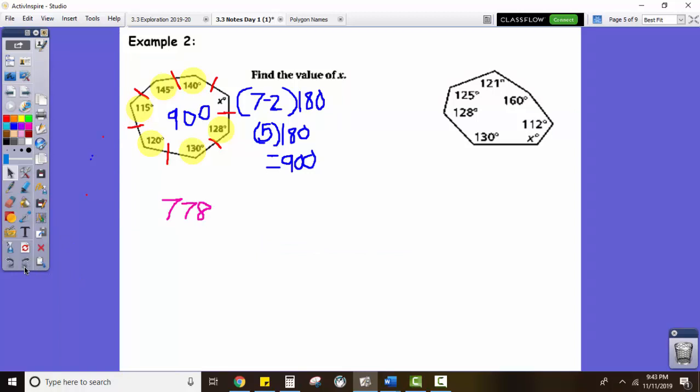So I'm going to start an equation by saying, okay, I have 778 degrees plus this missing angle x, and that is equal to 900 total degrees that should be in this 7-sided figure.